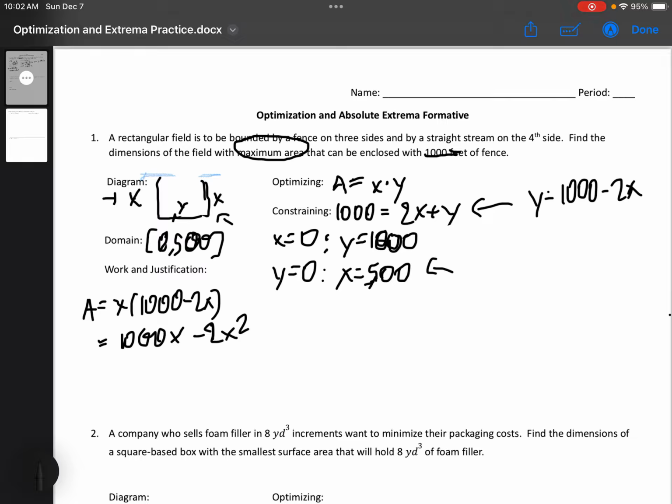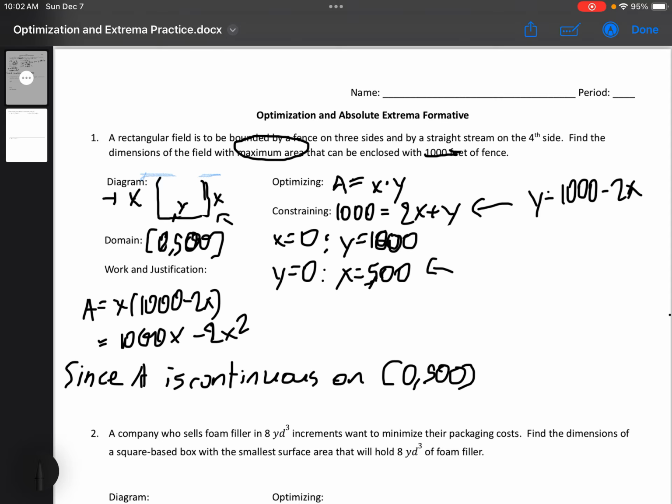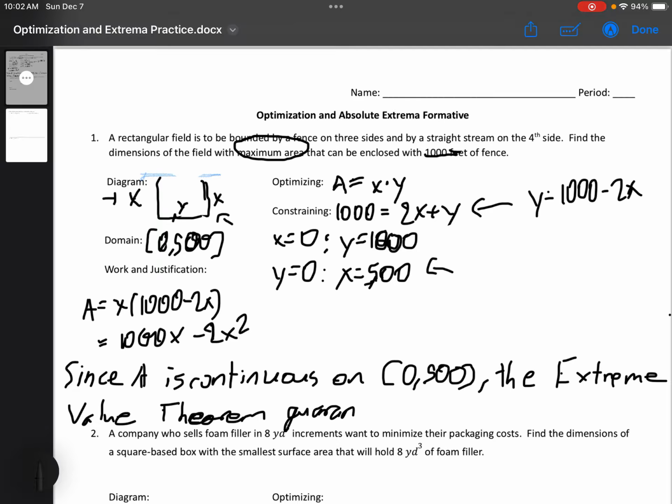So in this example, you would say, since A is continuous on the domain 0 to 500, the extreme value theorem guarantees an absolute maximum.